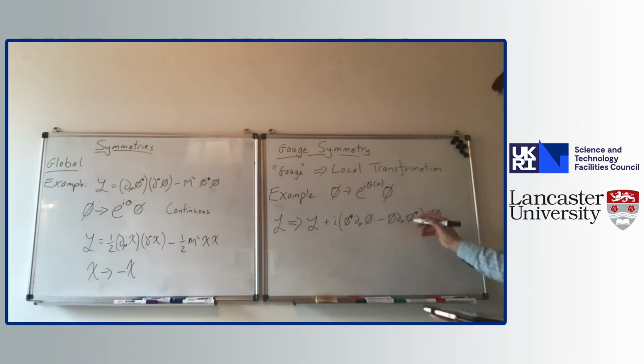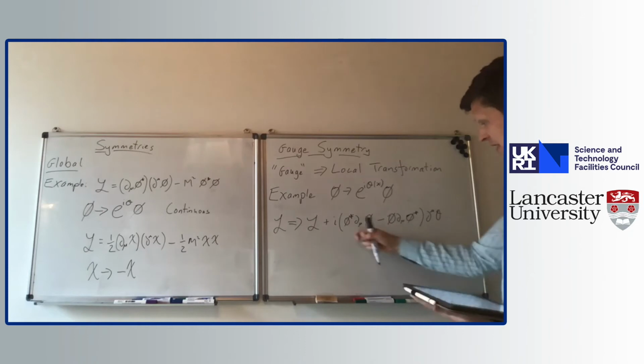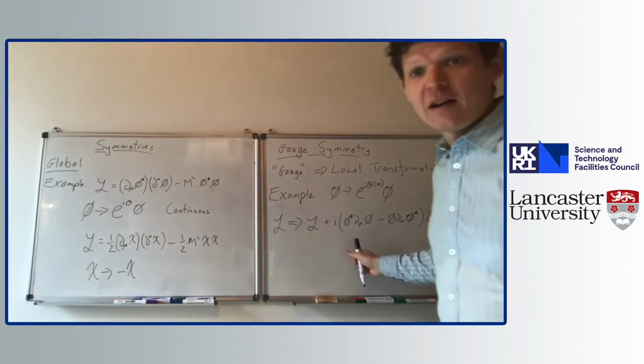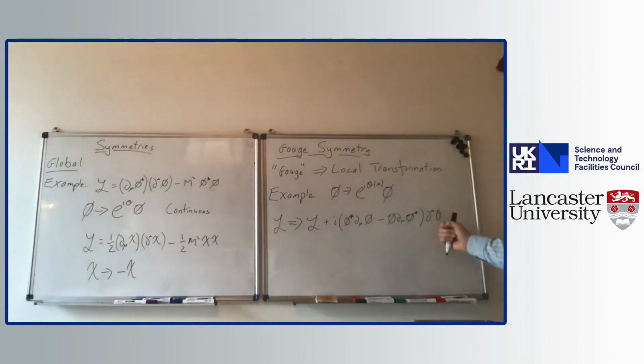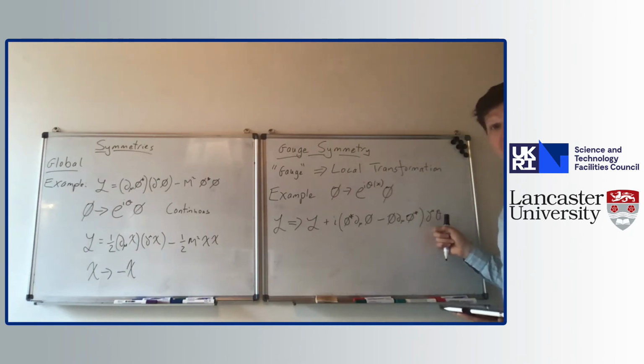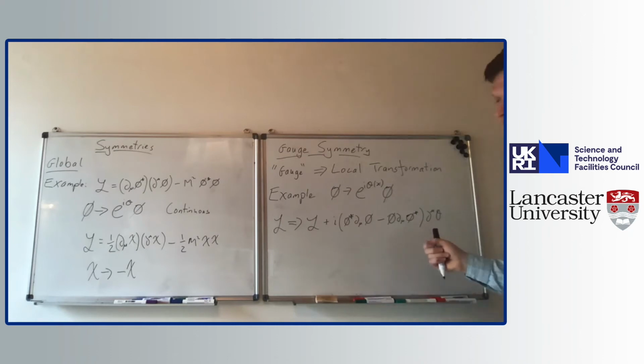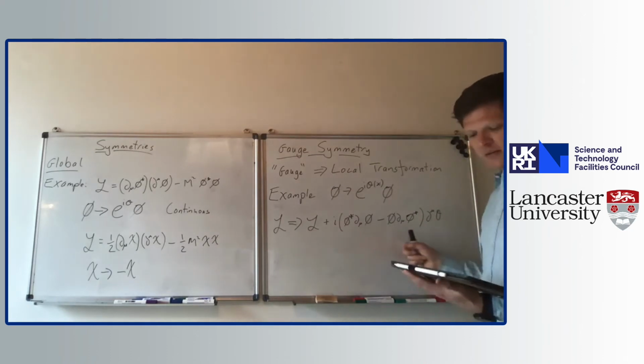We can see that the change in the Lagrangian is proportional to this piece, which is essentially related to what would have been the conserved current. And d mu theta is now non-vanishing. When theta was just a constant and didn't depend on space-time coordinates, then by design d mu theta vanished. But now it's not vanishing, so we've got this piece.